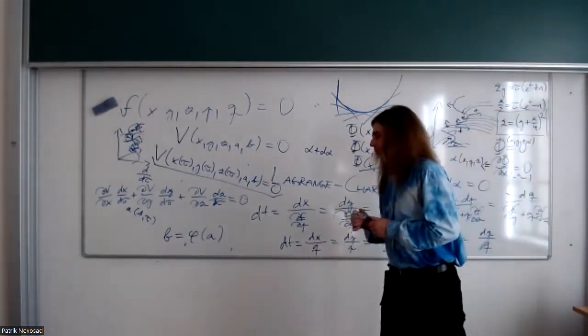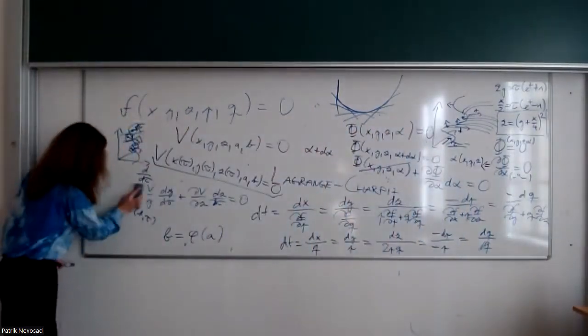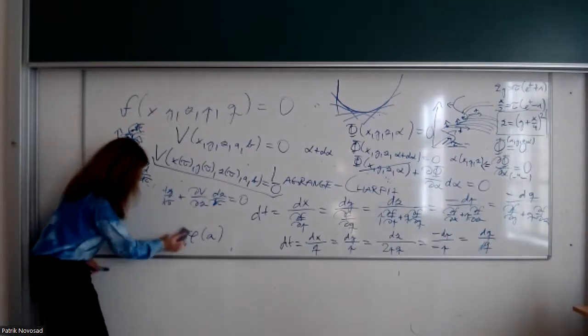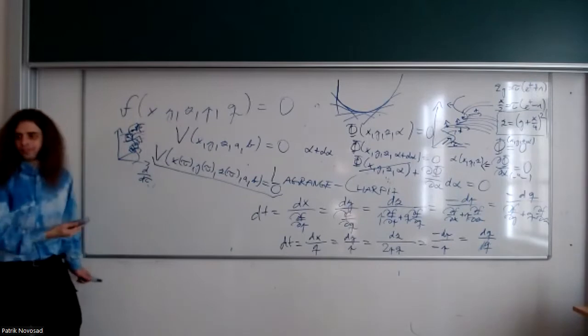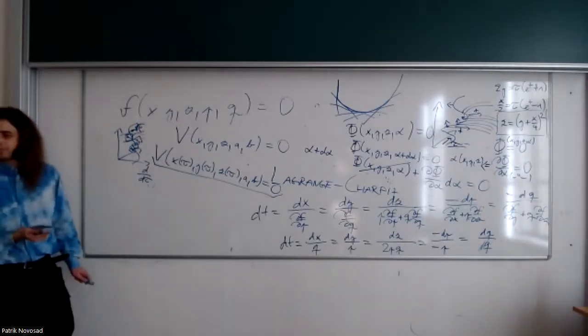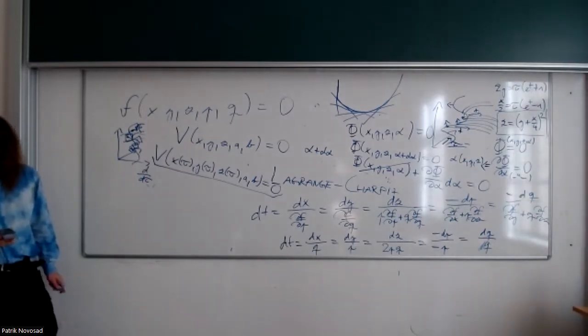I'm just thinking whether, if I have these lines in a plane, then I have one parametric family.